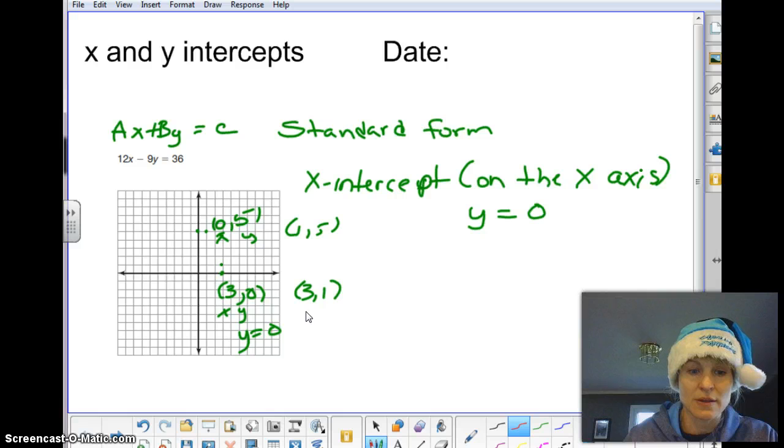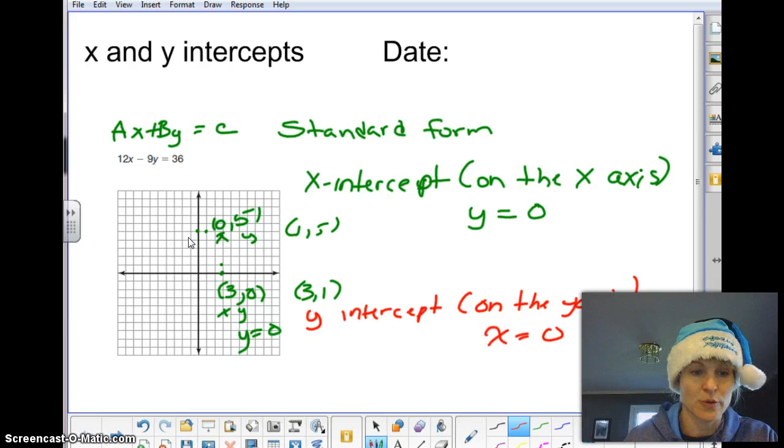When we're dealing with the y-intercept, and again, that means it's on the y-axis, x has to be 0 for the reasoning over here, okay? So we need to kind of master this concept here, okay?